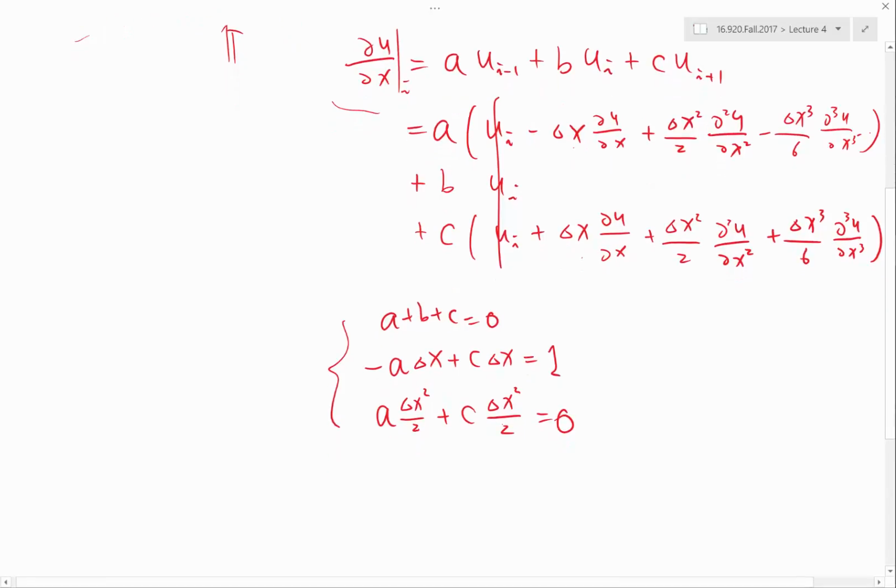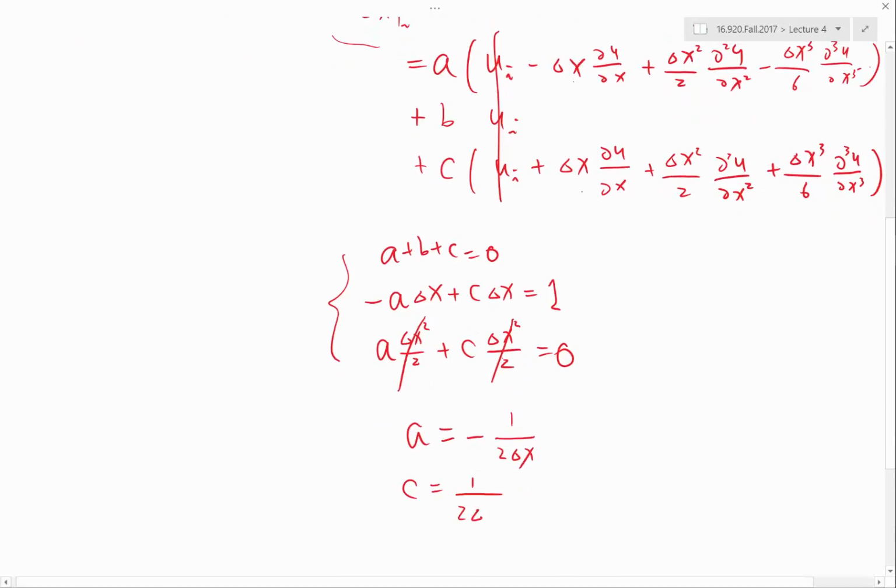So the third equation, for example, is just a plus c is equal to 0, so a is equal to minus c. Substituting that into the second equation, we get that a has to be equal to minus 1 over 2 delta x, and c is equal to 1 over 2 delta x.